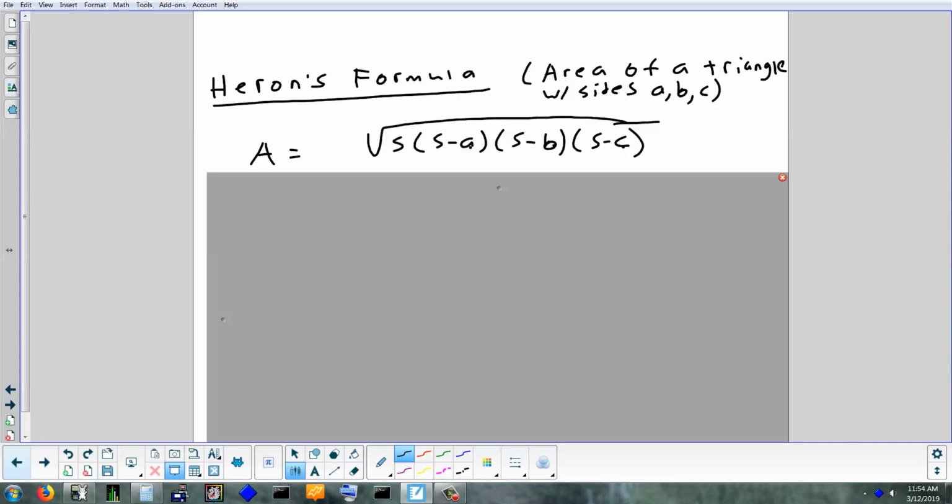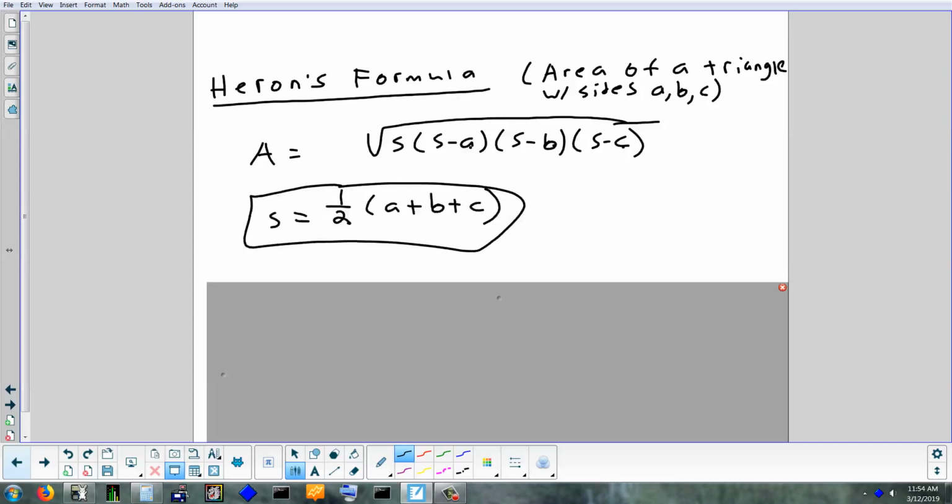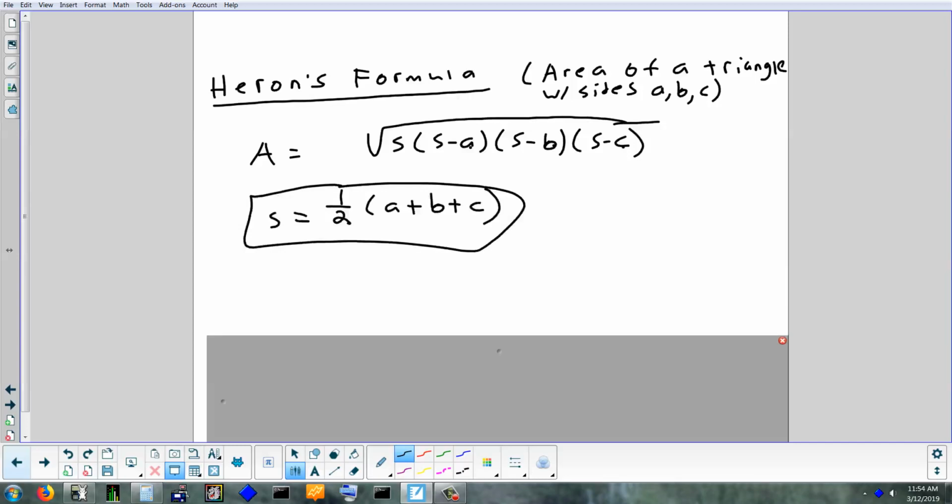But if you add up all the sides in a triangle, what do you call that? Well, it would be the circumference if it was a circle, but we call it the perimeter of a polygon. So S stands for semi-perimeter. All it is when you take all the sides, add them up, and then multiply by 1/2.